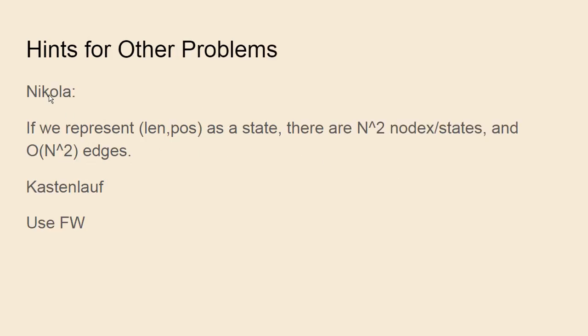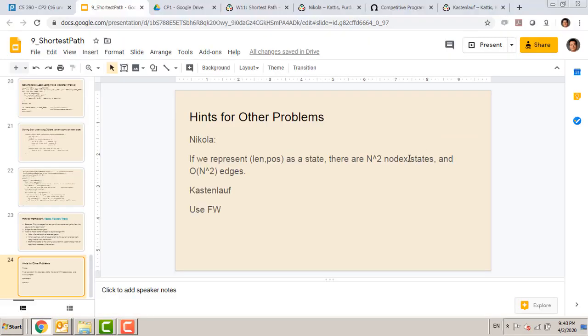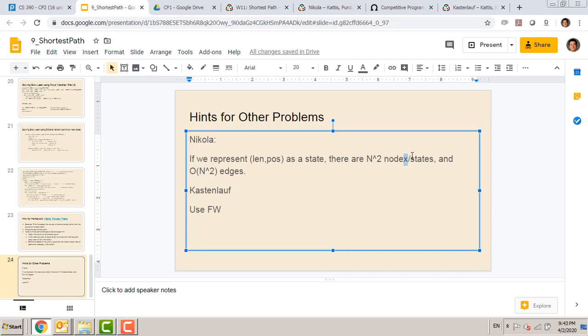For the other problem, the Nicola problem, because the movement depends on the length of the previous jump, you can use both the length and position as the state. This will result in up to n squared states. These should be nodes for states, and because n is 1,000, this can be 1,000,000.